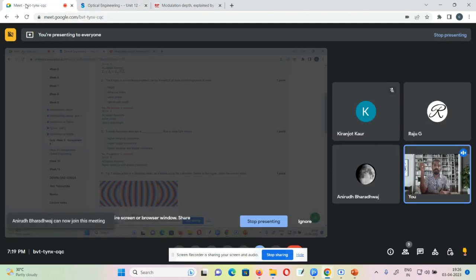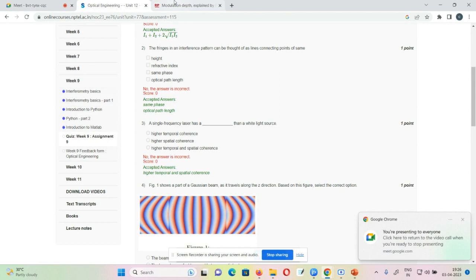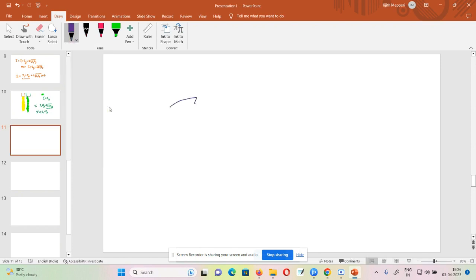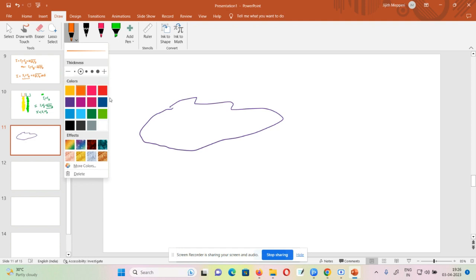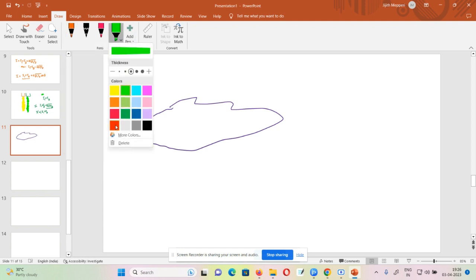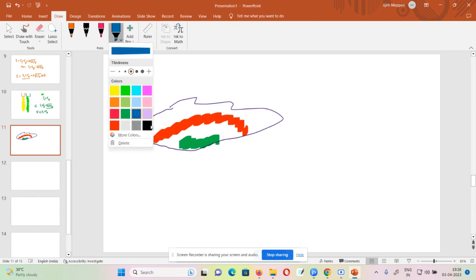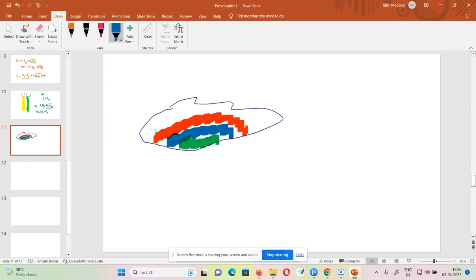So if you are seeing some interference pattern, like on a soap bubble or on oil spilled in water, if you are seeing some nice interference pattern like this, actually the same color or the same fringe corresponds to a particular path length.